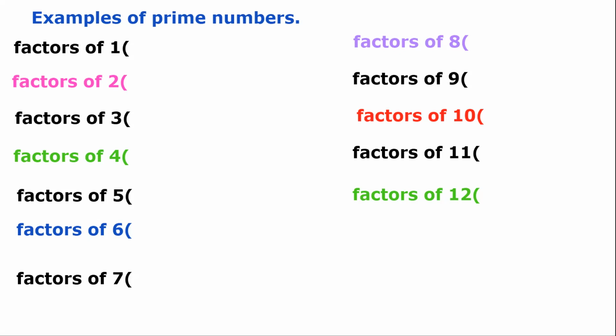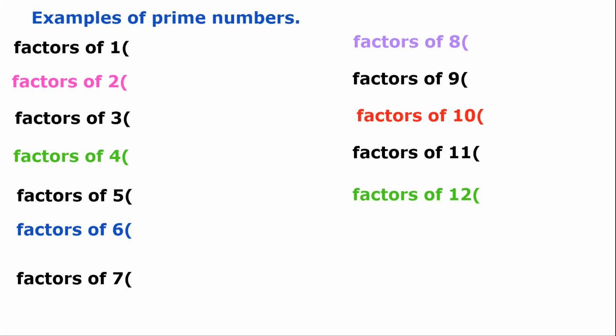Prime numbers have only two factors: one and the number itself that can divide that particular number. So if the factors of a given number are two, normally 1 and itself, then that number is a prime number. It's prime because it has only two factors.